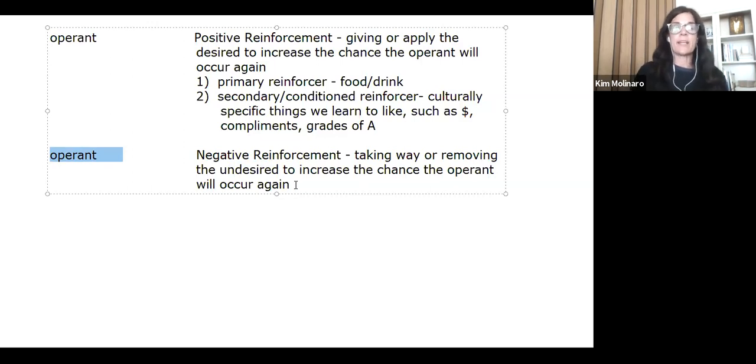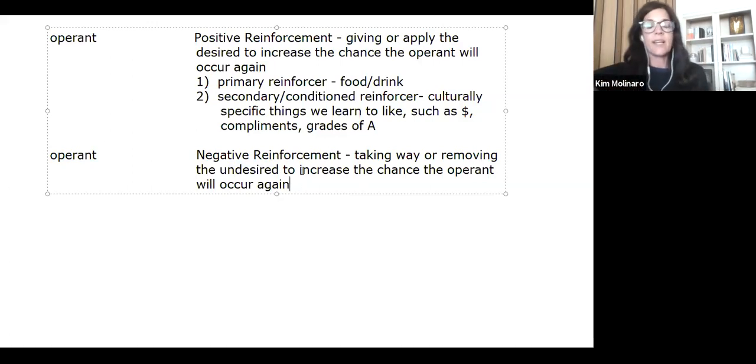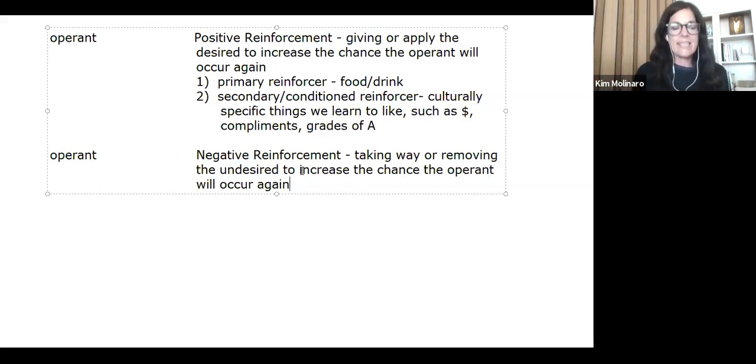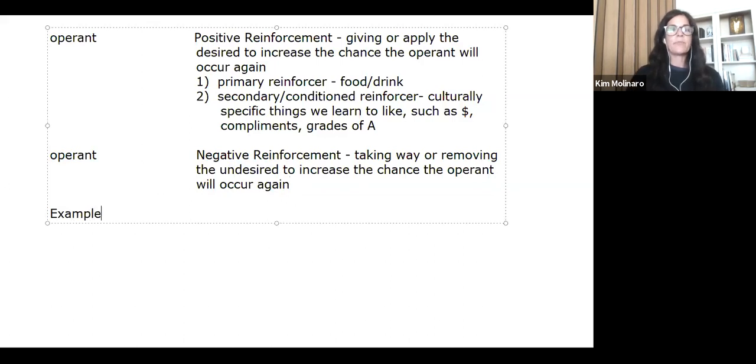Another example of negative reinforcement is why I drink water all day long. I've got a big old jug of water here and I drink water all day long because I run outside in the heat and I don't want to get dehydrated, right? So let's do a quick example here. So to the operant of drinking water, I avoid getting dehydrated.